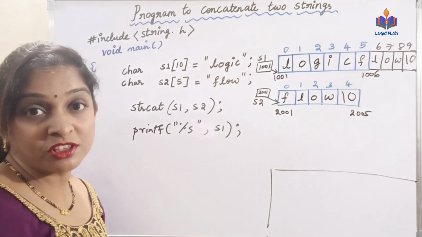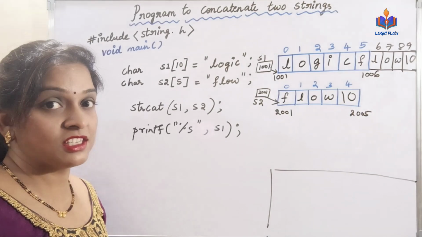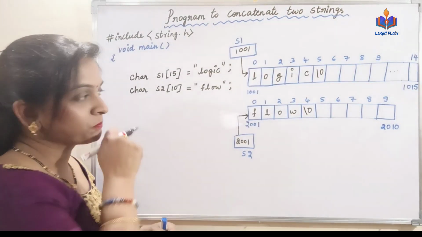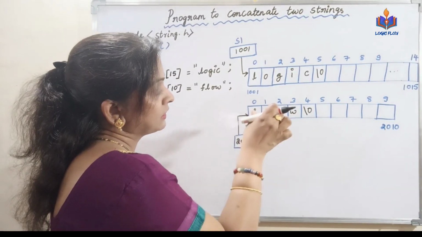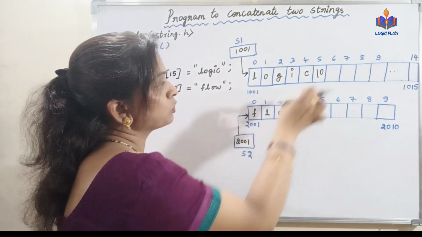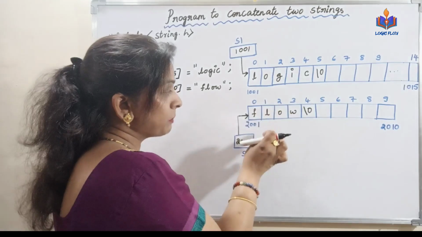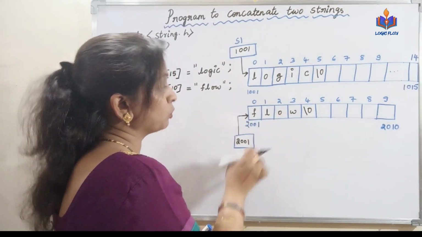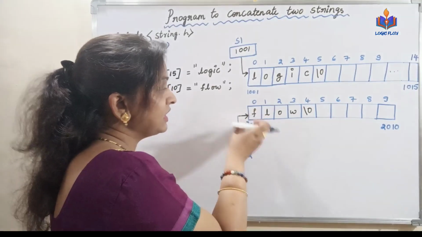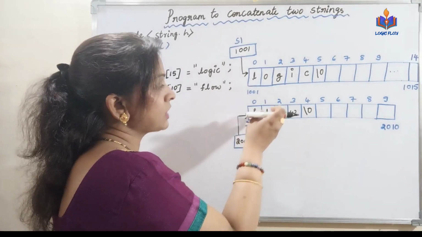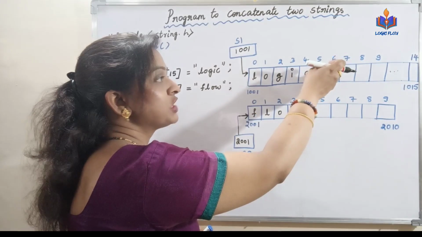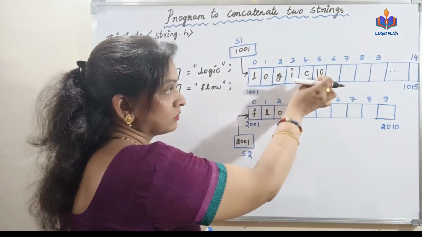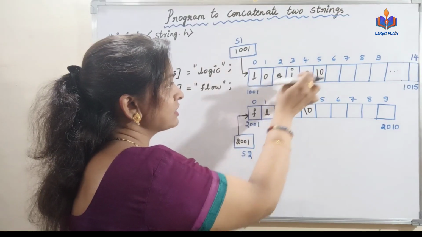So this is using string concatenate, strcat. But how to do this without using this built-in function? Let's see that now. Let us have the logic here. The string 2 has to go to string 1. All the characters that I have in string 2, a copy of these characters has to be transferred to string 1, starting from string 1's null character.